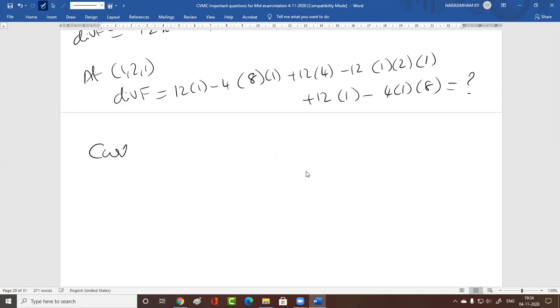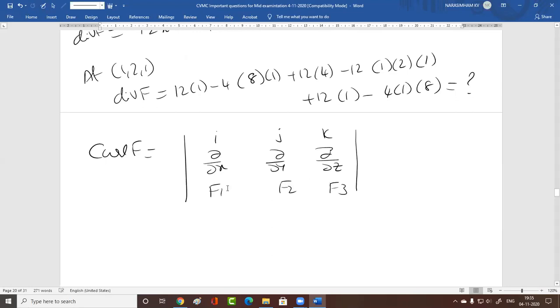Curl f equals the determinant of i, j, k, dou by dou x, dou by dou y, dou by dou z, f1, f2, f3. Already f1, f2, f3 are known.